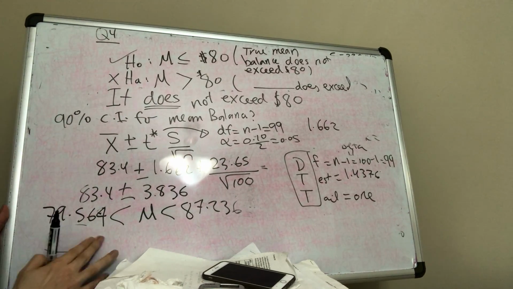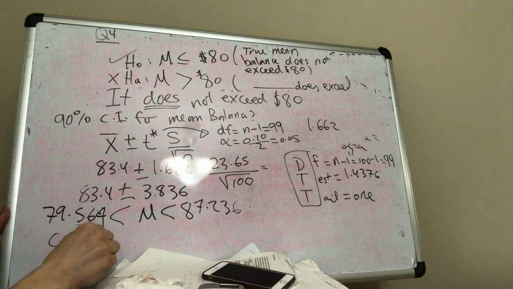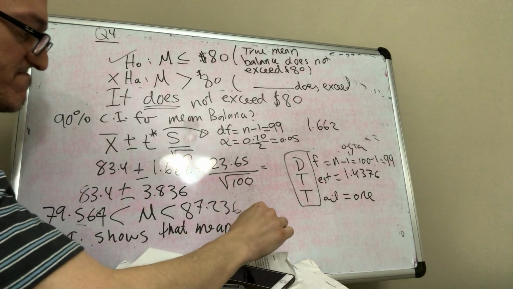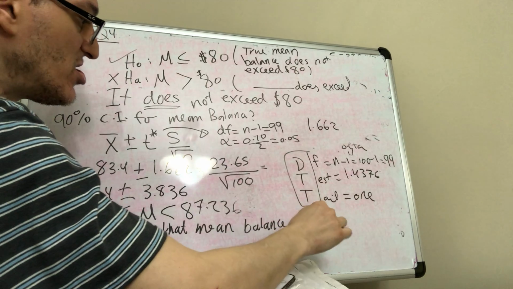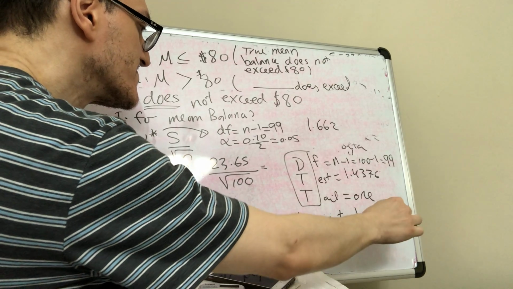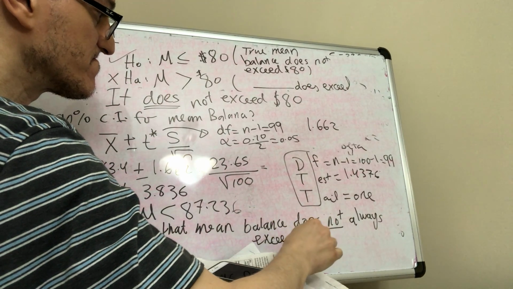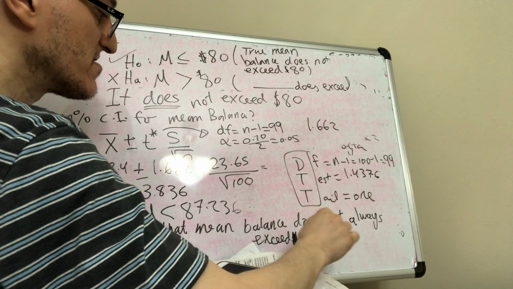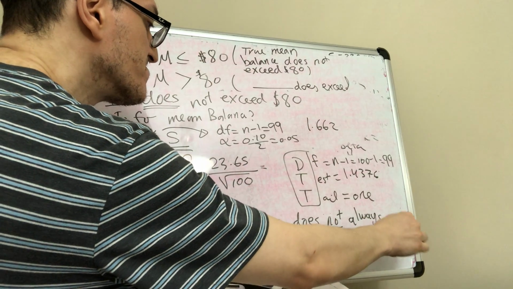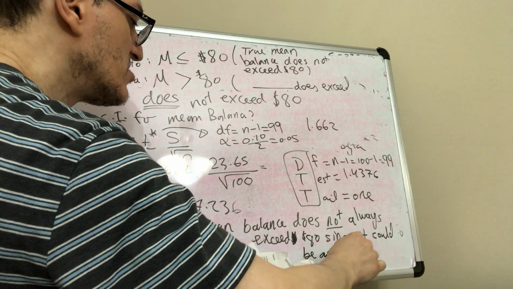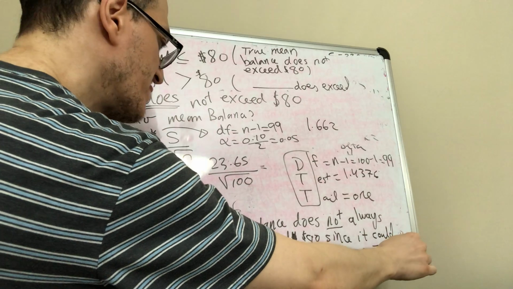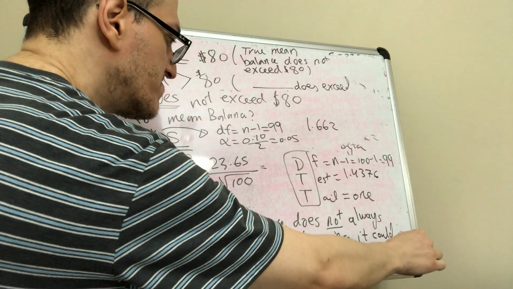So here you say, the confidence interval shows that the mean balance does not always exceed $80, since it could be as low as, whatever the number is, 79.564.